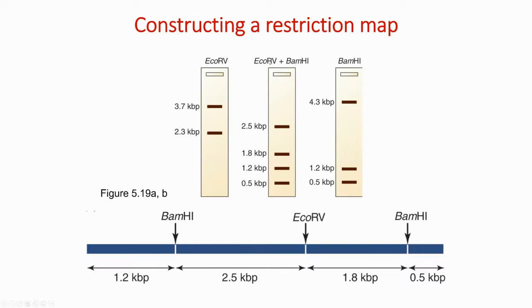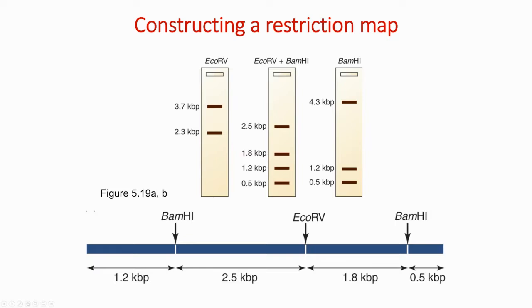And then if you do a double digestion, EcoRI with BamHI, you see 2.5, 1.8, 1.2, 0.5. Then you have to try to match these sequences from here. So from 3.7 and 2.3 to here, you can try to combine these fragments to identify which one is which.